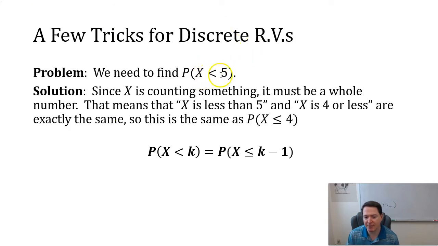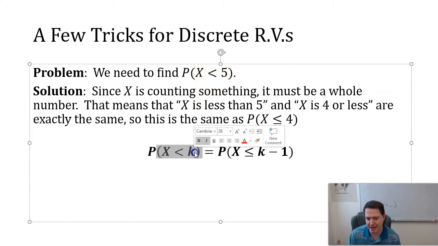That'll give us kind of an example to work with so that we can do this thing in general. So whenever I need to find the probability, and again, this only works for counting numbers, or counting variables, the probability that my x is less than some number, let's say k, is the probability that it's less than or equal to the number 1 less than that.